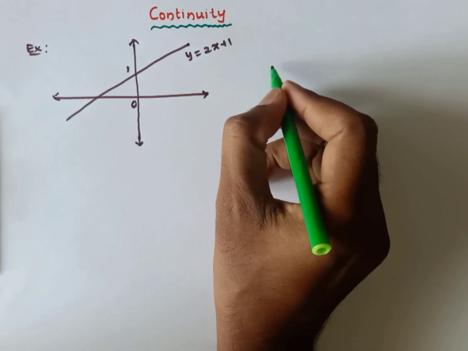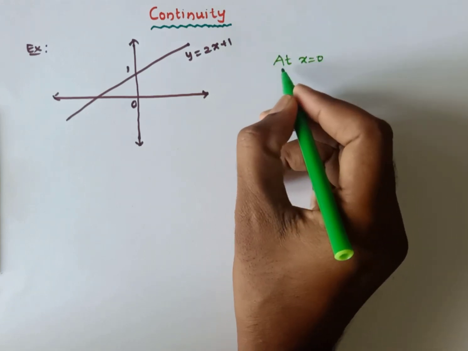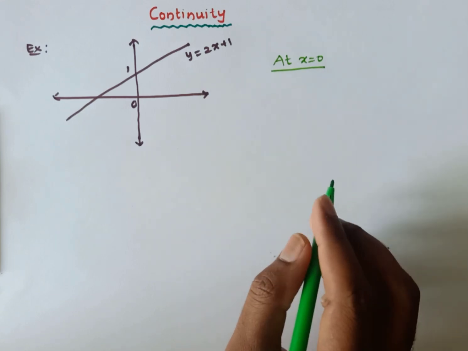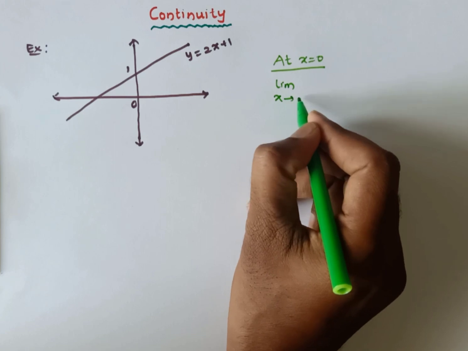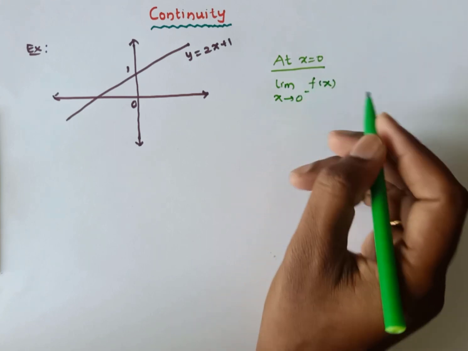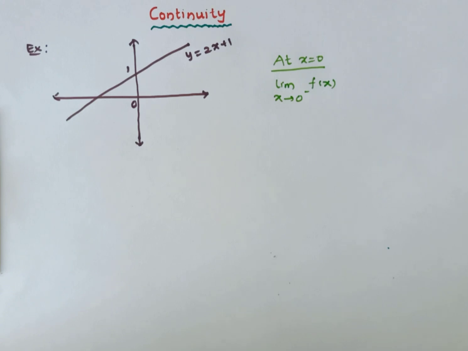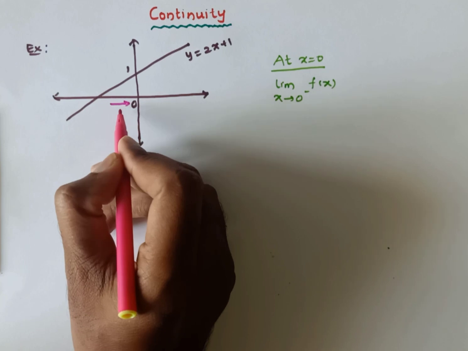You know how to evaluate the limit for this function at x equal to 0. First of all, find the left hand limit: limit as x tends to 0 minus of f of x, as x goes to 0 from the left hand side.